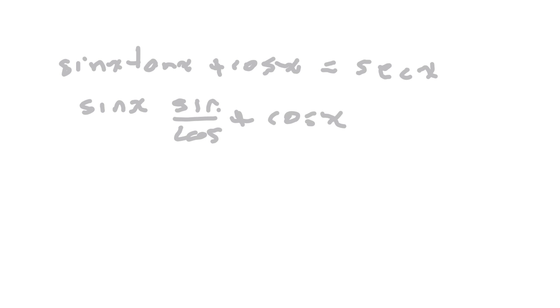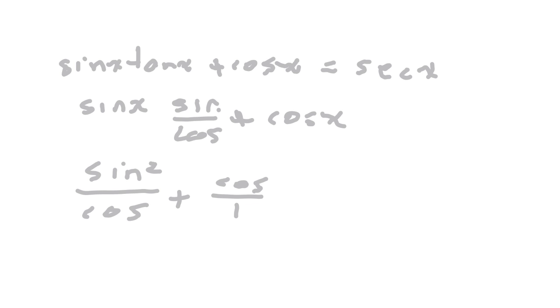Now I can multiply the top part on the first part, so this will be sine squared over cosine plus cosine over 1. Well, I'm stuck here because obviously I've got to do something to make the left side look like the right side.